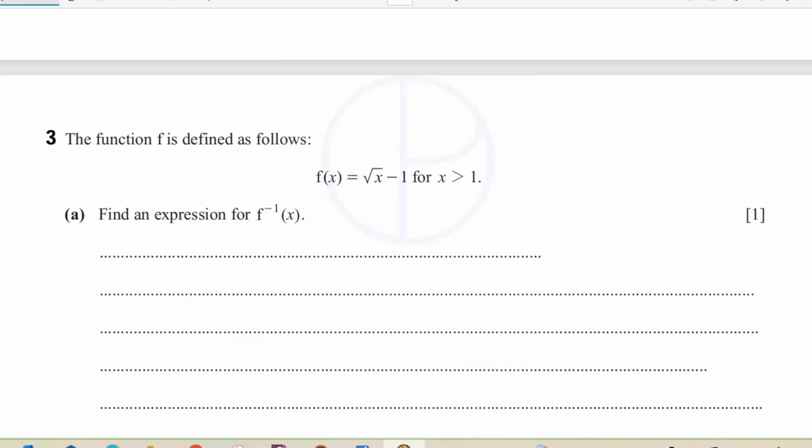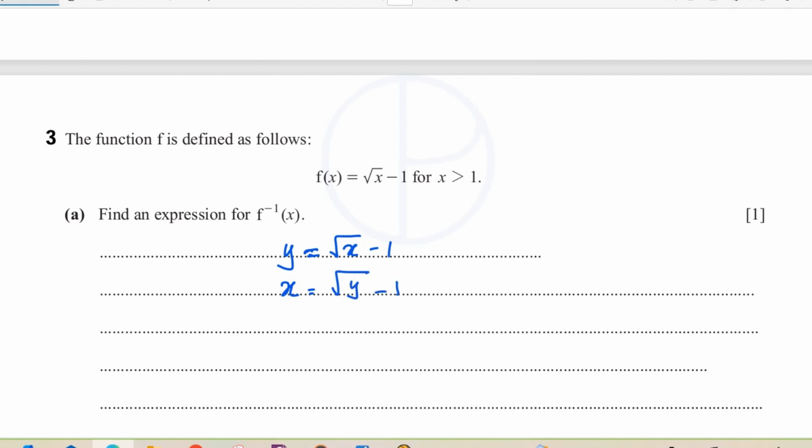f is defined as follows: f of x equal to square root of x minus 1 for x greater than 1. Find an expression for f inverse of x. So take y equal to f of x, so y is equal to square root of x minus 1. Now exchange the variables, so x equal to square root of y minus 1.